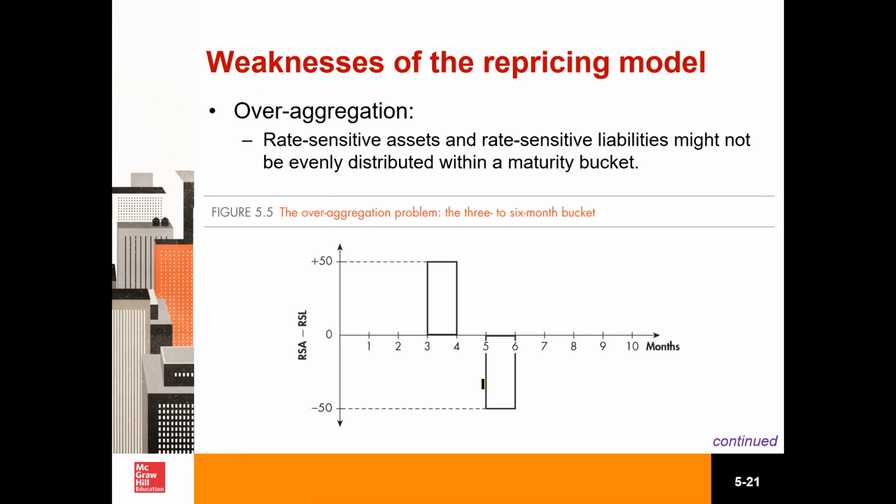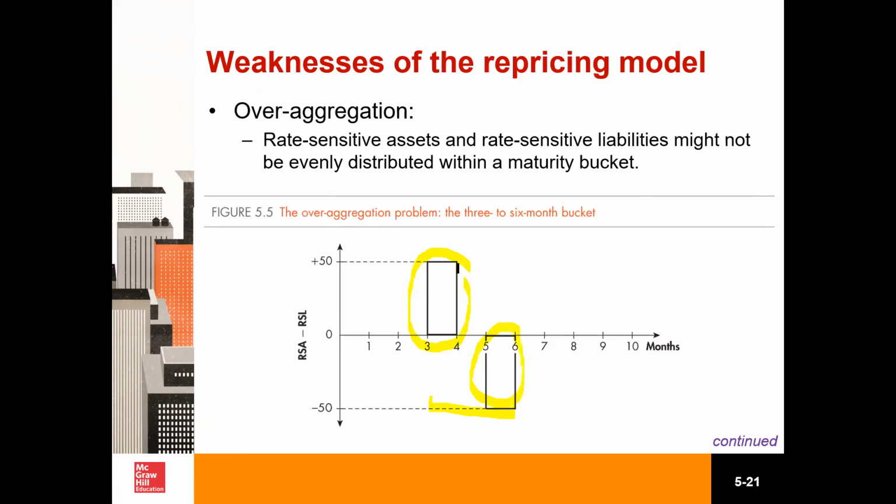Now, the repricing model assumes that assets and liabilities in a certain maturity bucket are maturing at the same time. For example, when it's a 3 to 6 months bucket, it assumes that all the assets and liabilities are maturing at the same time, say, at the end of 6 months. However, it might be possible that assets are maturing at a certain time and liabilities are maturing at a different time in the same maturity bucket.